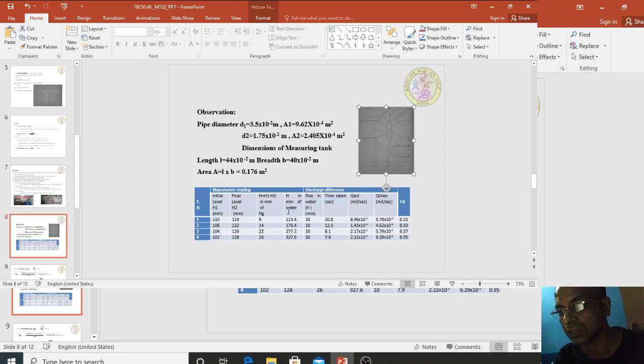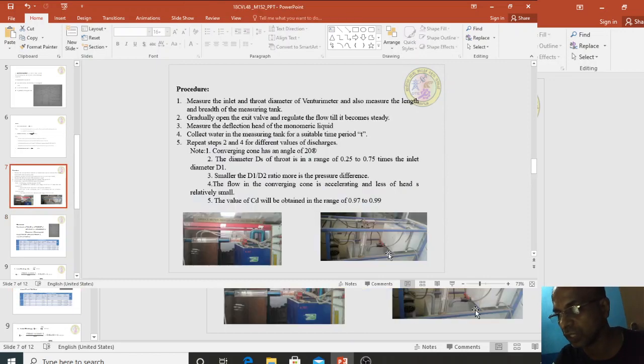So the H in mm of water is 113.4. The rise in the water, whatever the manometer head is, we are keeping constant.